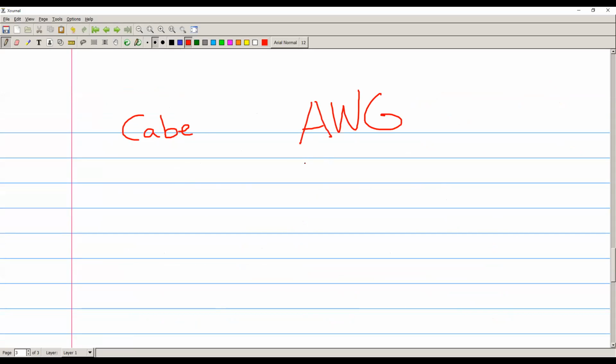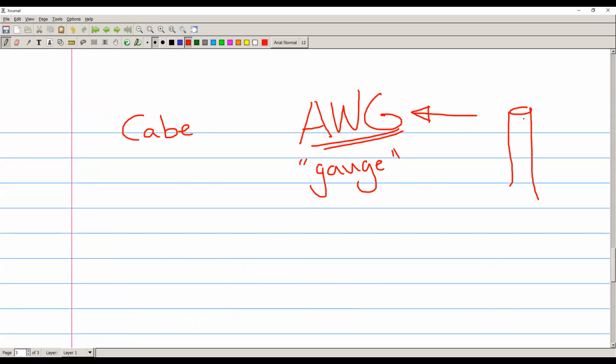This is the standard for American wires. I don't remember what this stands for, but it's a scale, and this scale determines the size of the cable itself, the diameter of the cable. So they tell you, for example, gauge 2, or gauge 1, or gauge 3, or gauge 5, or gauge 0.5, or whatever.